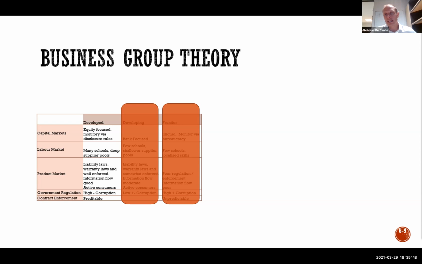I'm going to go through this and then we're going to break into groups, because I'm going to ask you the question, why would a business group perform better? Again, it's just going to be 5 minutes, but I'm going to ask one representative to give 3 reasons why a business group will perform better in a developing market. To kick this off, I'm just pointing out the difference between developed and developing markets.